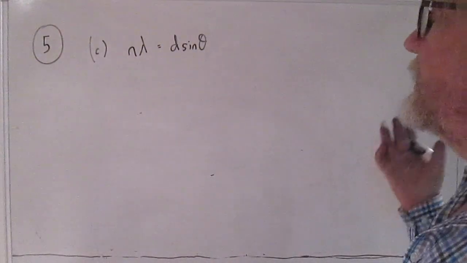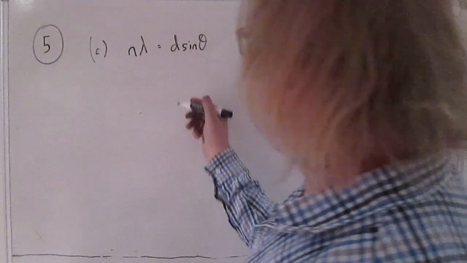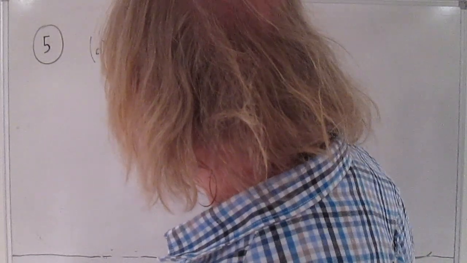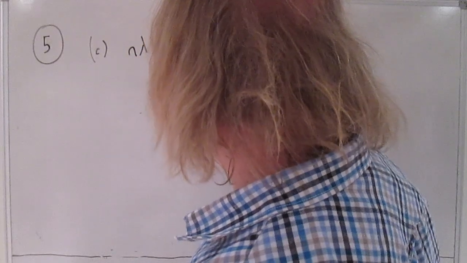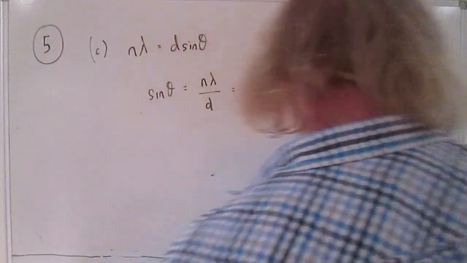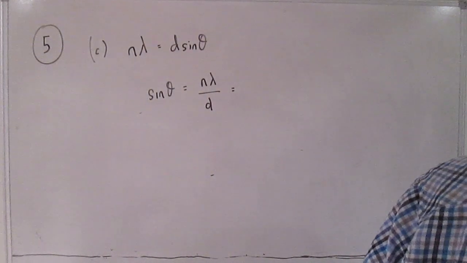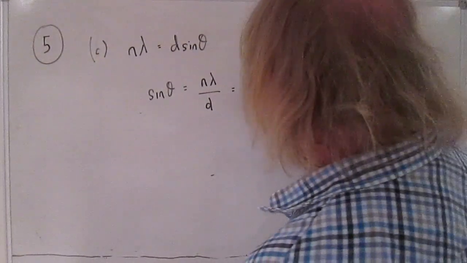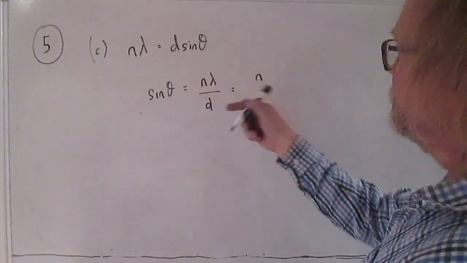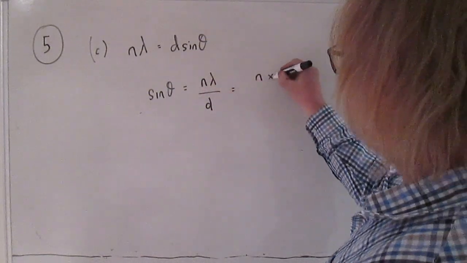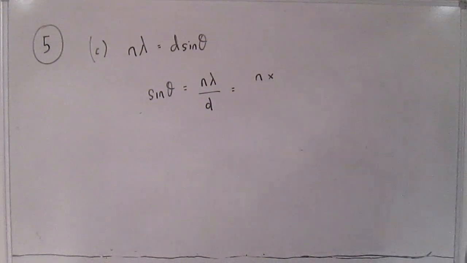So for part C, again, we've got to find an angle, so again we rearrange to get sine theta is equal to n lambda over d, and plug the numbers in. So it's n, because it's considering all possible orders of diffraction now, so n can be any whole number.